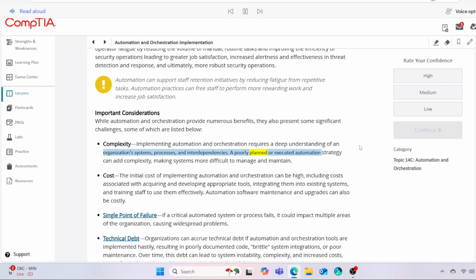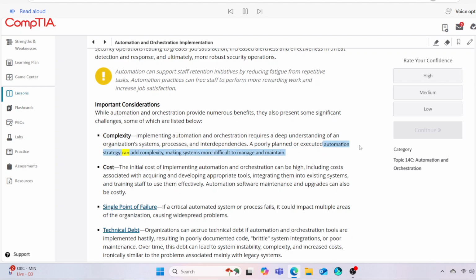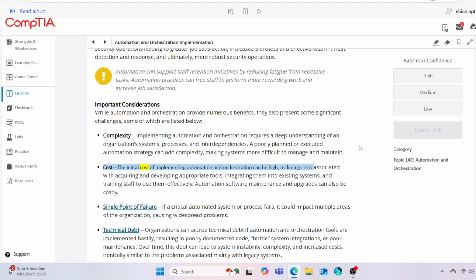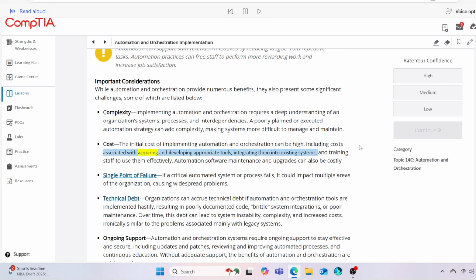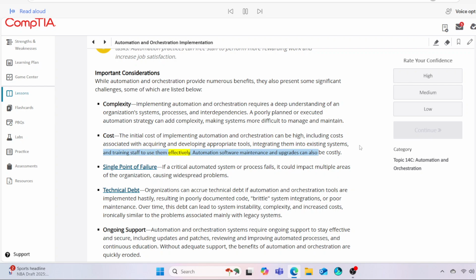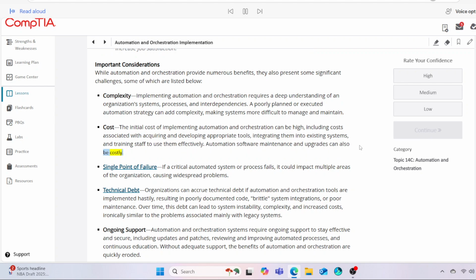A poorly planned or executed automation strategy can add complexity, making systems more difficult to manage and maintain. Cost. The initial cost of implementing automation and orchestration can be high, including costs associated with acquiring and developing appropriate tools, integrating them into existing systems, and training staff to use them effectively. Automation software maintenance and upgrades can also be costly.